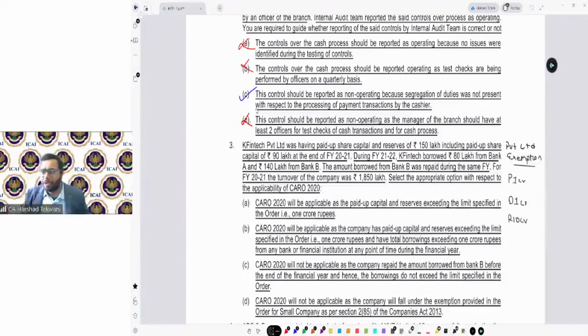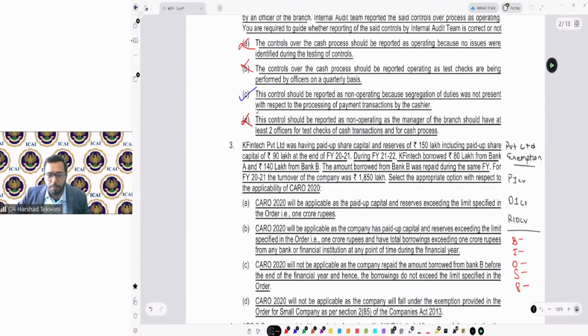However, before coming to this exemption, there is another exemption. Remember from my previous lecture, BIOS 8: banking, insurance, OPC, small company, and section 8.